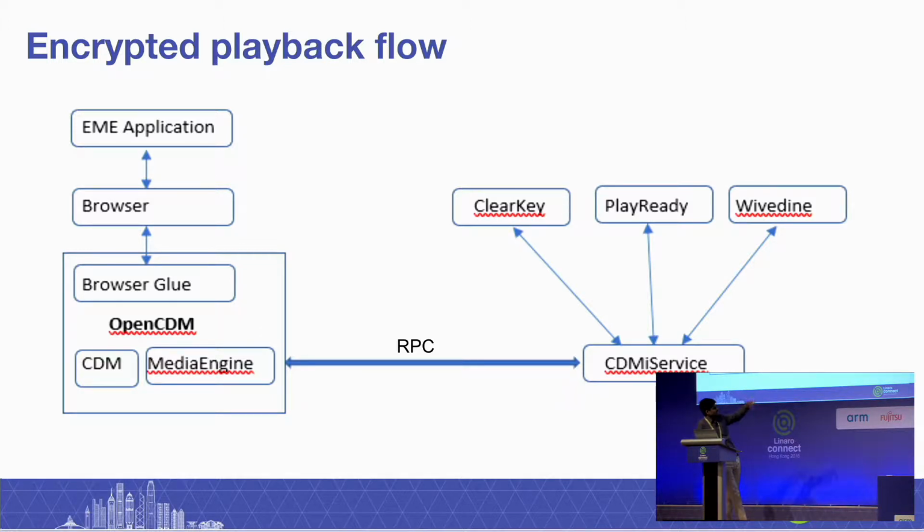So the create session call will invoke the browser glue layer of the corresponding browser, say WPE or Chromium, and that will in turn translate into CDM, where the session metadata and all those things will be handled, and that will be routed as an RPC call to CDMi that I want to create a session for ClearKey with this data.